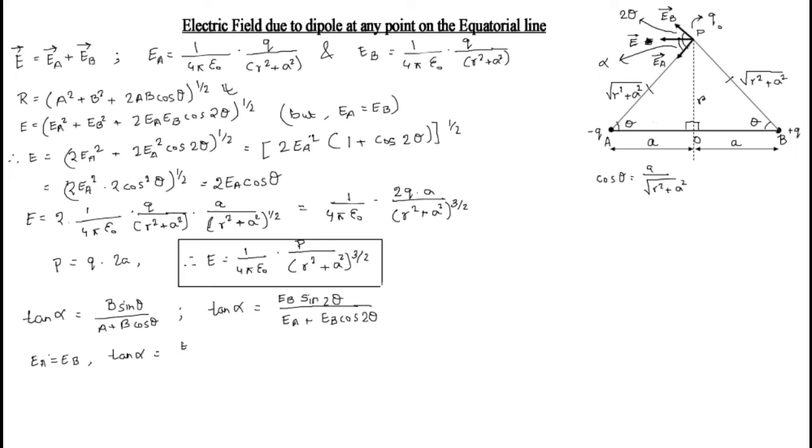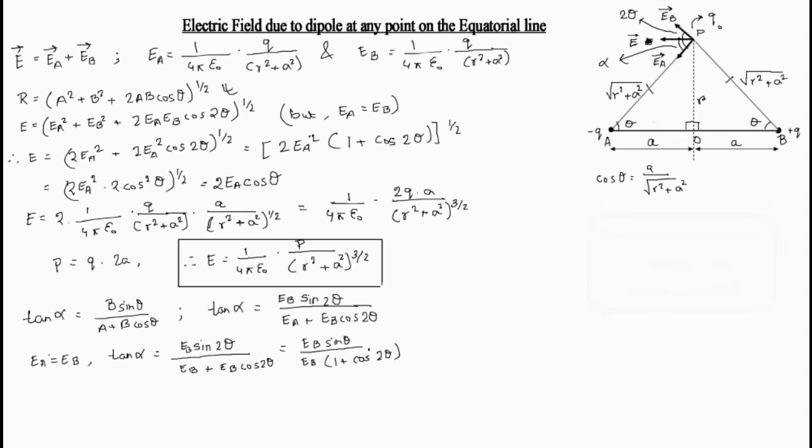In the numerator it remains as usual, EB sin 2 theta, and in the denominator we can write EA as EB only. So EB plus EB cos 2 theta. In the denominator we will take EB as common, so it becomes EB times 1 plus cos 2 theta.